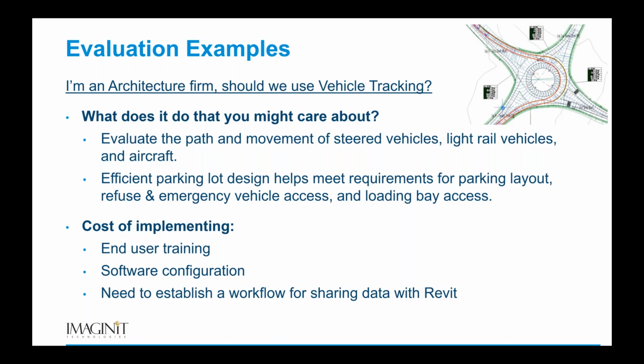While that's largely true, it's not 100% true. If we're looking at the types of things vehicle tracking does, do you work on buildings or project types, maybe not the roundabout like the picture is showing, but projects where you need to worry about whether a semi-tractor trailer will be able to back into a loading dock? Do we have the right amount of space for that?